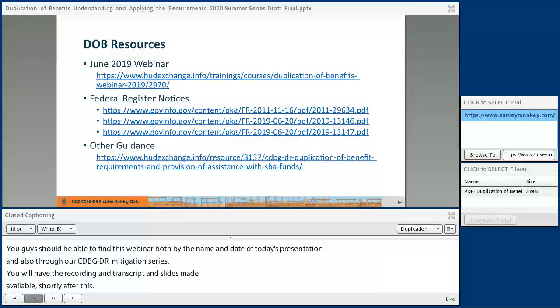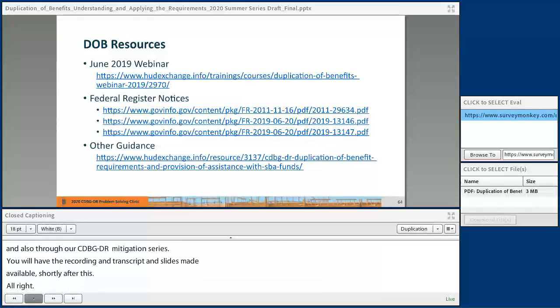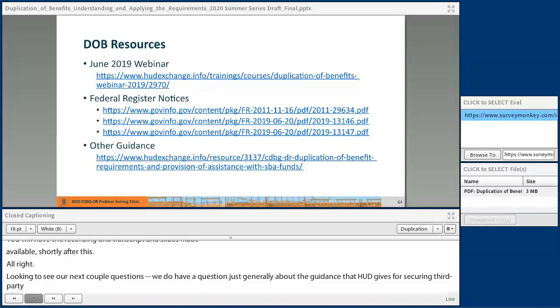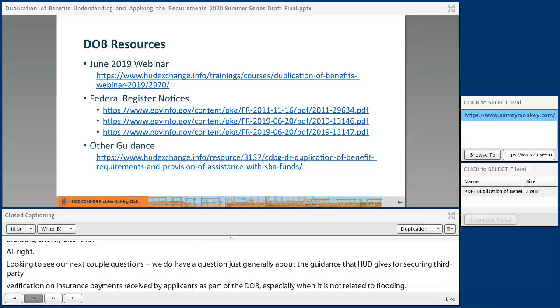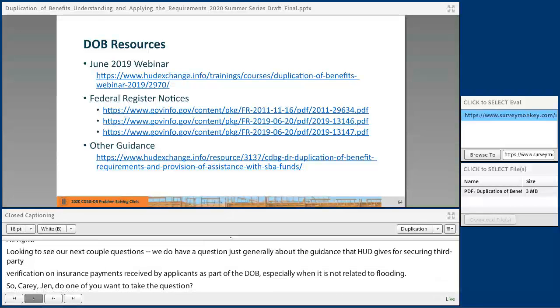We do have a question just generally about the guidance that HUD gives for securing third-party verifications on insurance payments received by applicants as part of the DOB, especially when it's not related to flooding. So Carrie, Jen, do one of you want to take that question? Yeah, and we can take this one, but even in a flood disaster, not all insurance will be NFIP assistance, right?